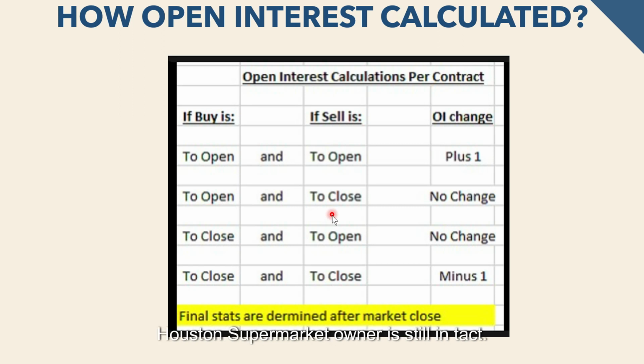The buyer is still intact. The Houston supermarket owner wants to stick with the contract. I want to sell it to my neighbor farmer. Now, the contract is still there, so there is no change in the open interest. After a week, the buyer, the supermarket owner, believes that the hurricane took a reverse turn and he's not expecting any hurricane.